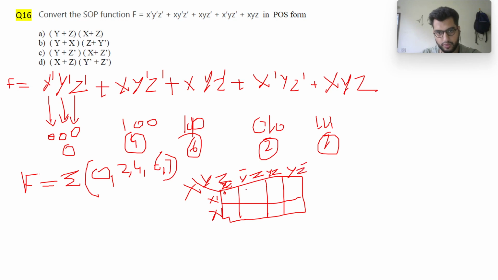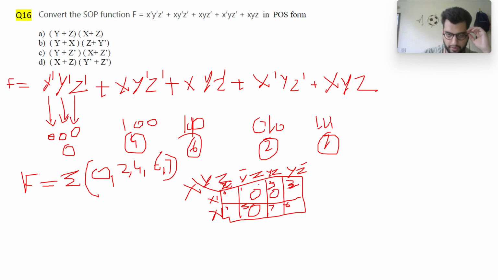This is 0, 1, 3, 2, this is 4, 5, 6, 7. So the terms 0, 2, 4, 6, 7 are 1, but we have to write the POS expression, so we'll mark the 0 terms only. So 1 is 0, 5 is 0, and 3 is 0.